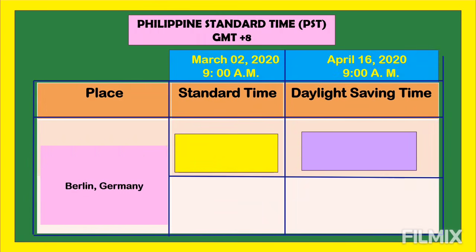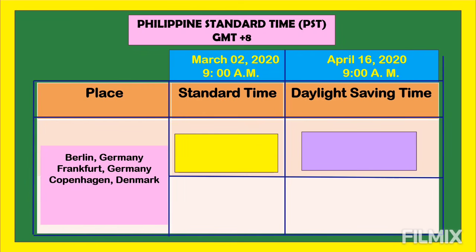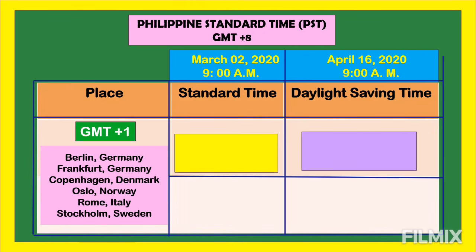Okay, it is from Berlin, Germany, Frankfurt, Germany, Copenhagen, Denmark, Oslo, Norway, Rome, Italy, and Stockholm, Sweden. If you have some friends and relatives living there, their time zone is equal to GMT plus 1. So if we are here in GMT plus 8, the Philippine time zone, then the time difference is equal to 7 hours during standard time.